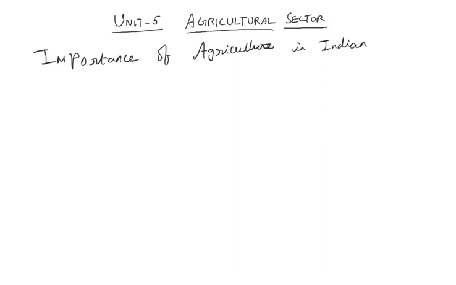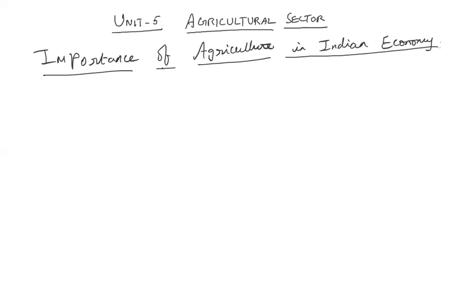So now the first one is the importance of agriculture in Indian economy. We all know that right from the beginning, we have been seeing that India is an agricultural country.